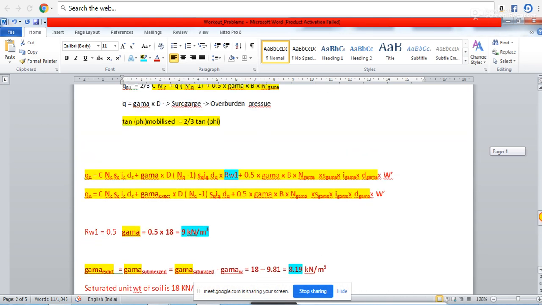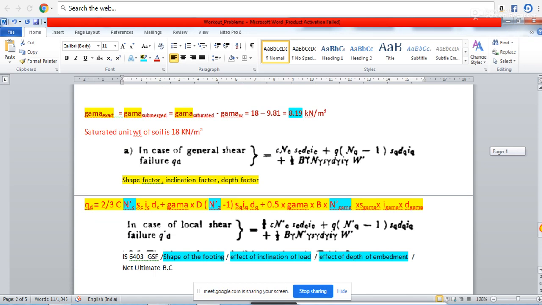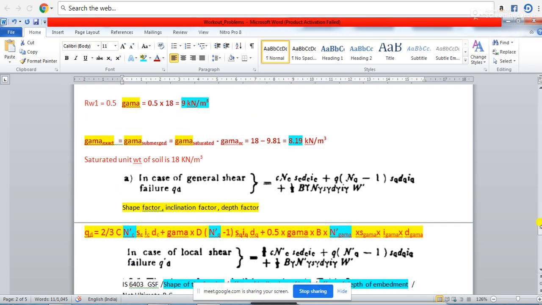It only gives values for phi of 0, 5, 10 and so on. Yes, you have to interpolate between 40 degree and 45 degree. At phi equal to 40 degree you have values of NC, NQ and N gamma, and at phi equal to 45 degree you have values of NC, NQ and N gamma. So you interpolate between 40 and 45 degree and find the value at 42 degree.